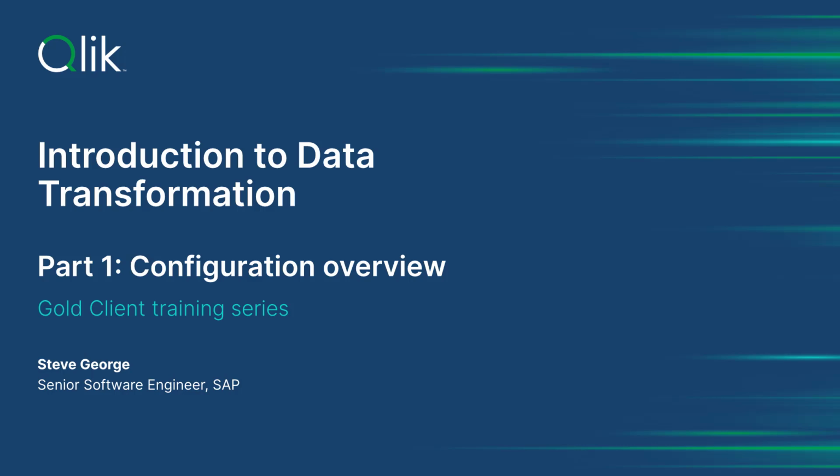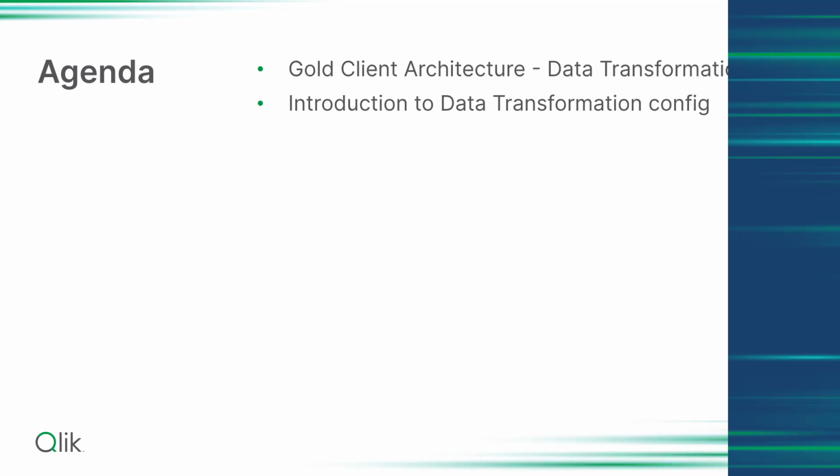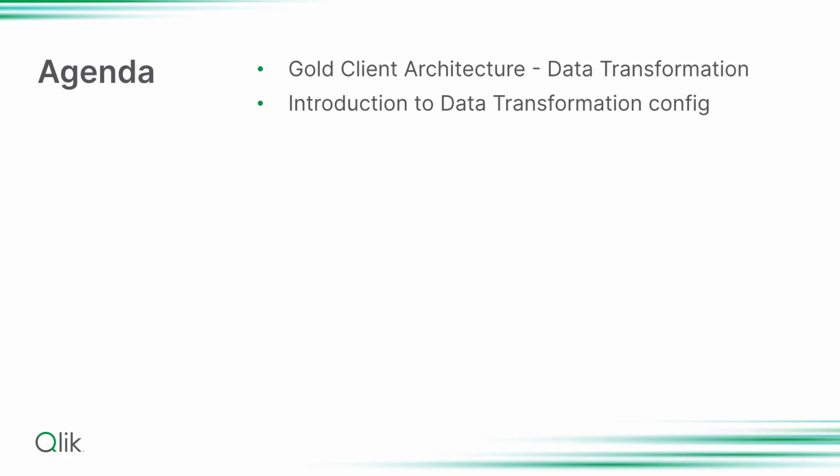During this three-part video series, I intend to provide the audience some useful content about Qlik Gold Client's data transformation functionality. This first video will provide an overview of the Qlik Gold Client architecture with respect to data transformation, followed by an introduction to the data transformation configuration.